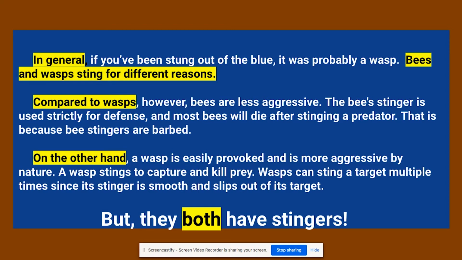Wasps can sting a target multiple times since its stinger is smooth and slips out of its target, but both have stingers. So we use the word both, on one hand and on the other hand, and we compared them to each other. So the language is inside this part of our writing.